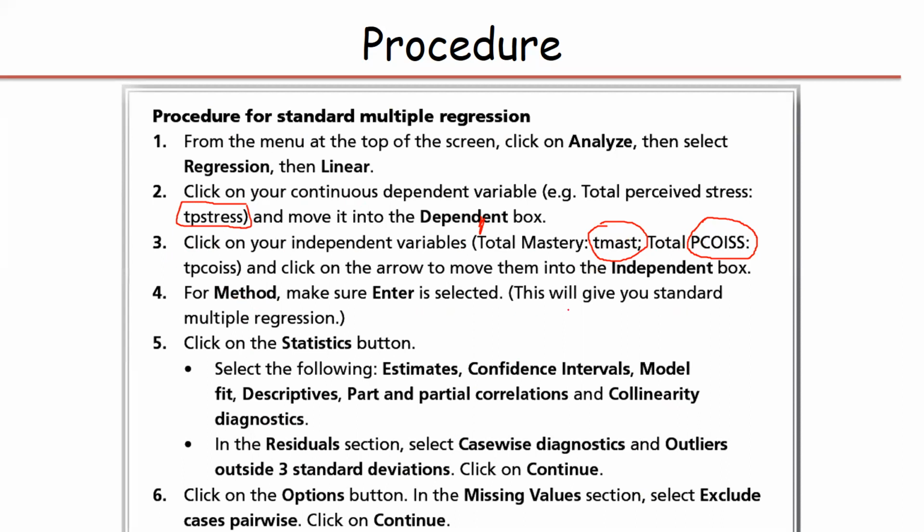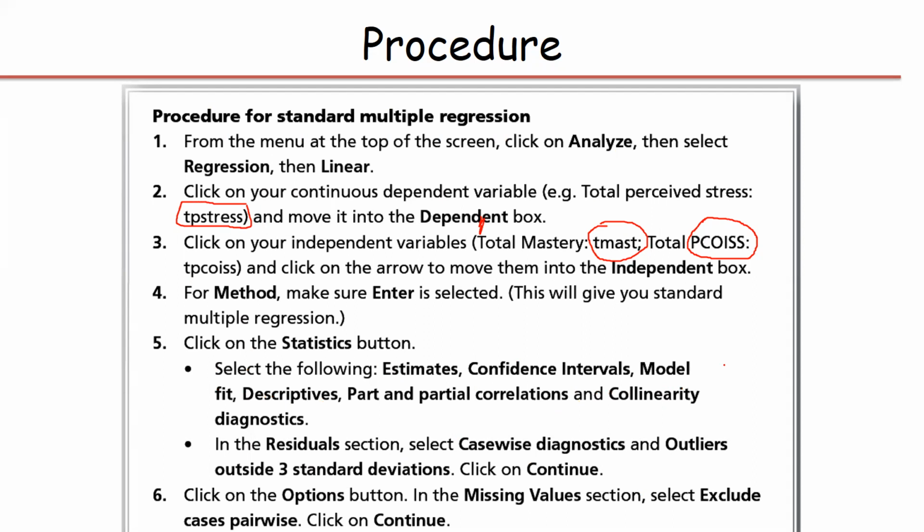There are several methods of implementing regression in SPSS, but the basic method is to use Enter. The Enter method means these two variables will be included directly into the model. In the Statistics button, we have to click on several options: estimates, confidence intervals, model fit, descriptives, part and partial correlations, and collinearity diagnostics.